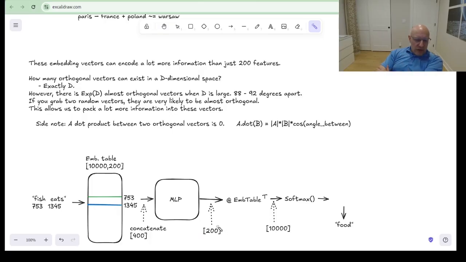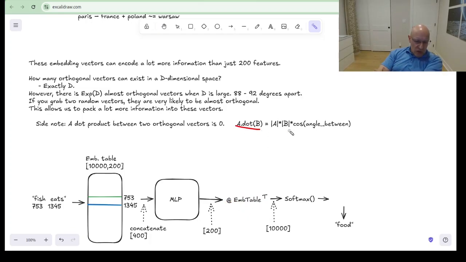And one thing that I can do is then look up which of the vectors in my embedding table is the closest to the vector that my model output, so that I can return that word. And the way to do it is just to transpose the embedding table, just turn it on its side, and do a matrix multiplication with it.